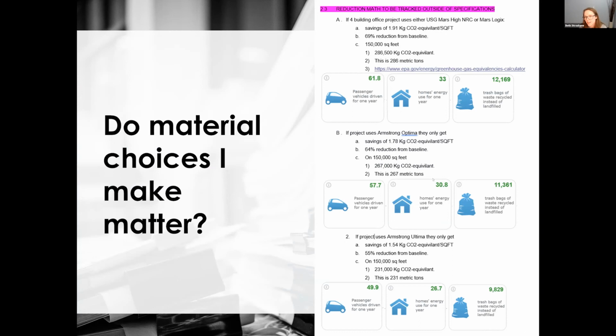So here's an example of a project that I was working on. It was a large office project, and it had 150,000 square feet of acoustical ceiling panels.